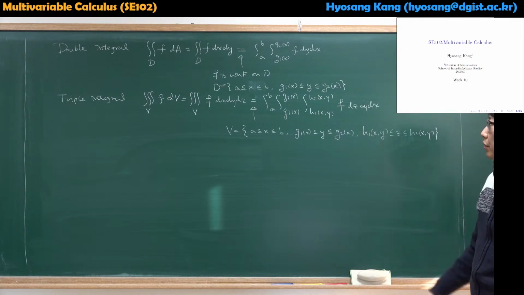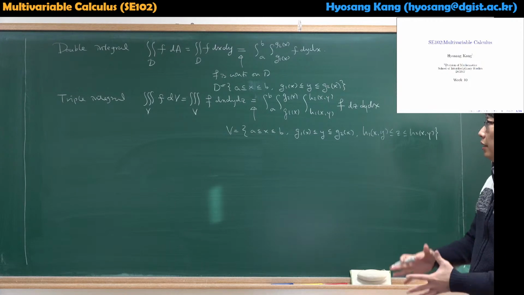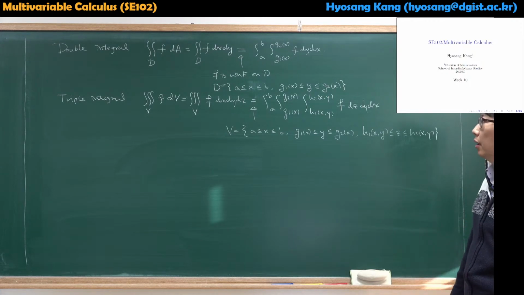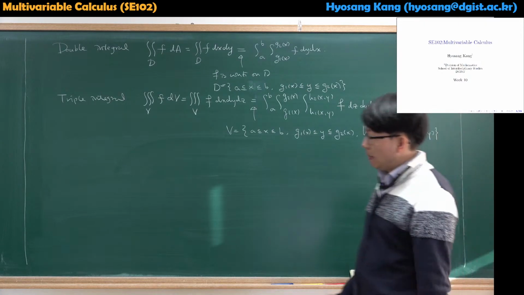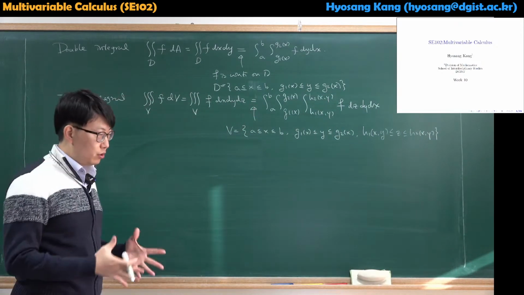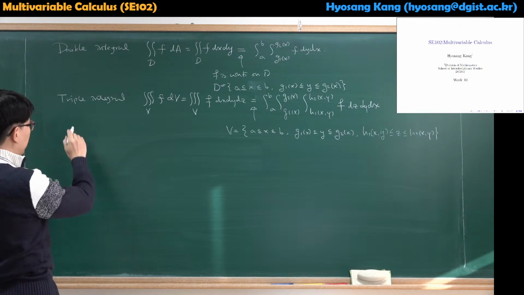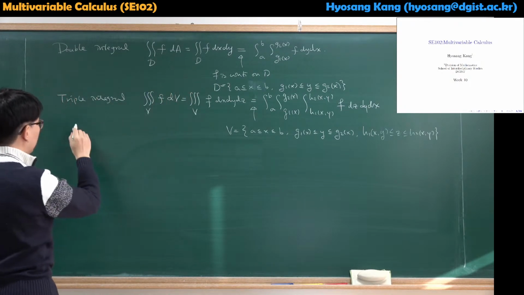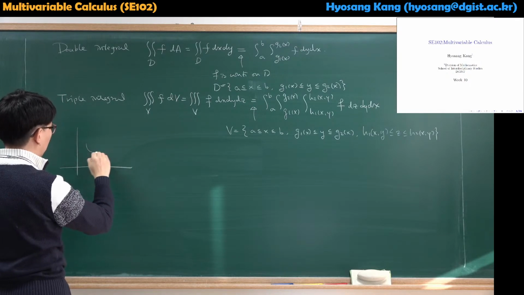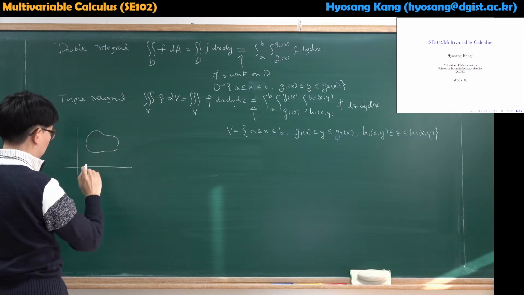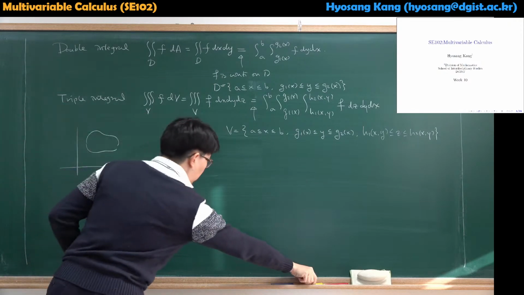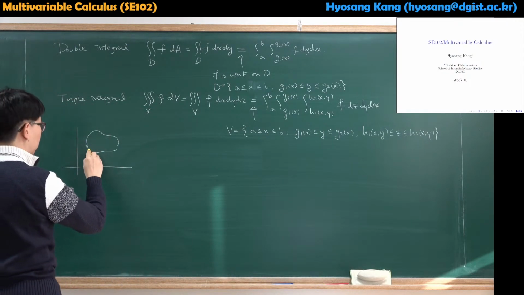So you have to understand why this works intuitively. So always remember the two-dimensional picture and three-dimensional picture. First of all, the two-dimensional picture of this Fubini theorem is that you have a region bounded by two equations, G1 and G2.